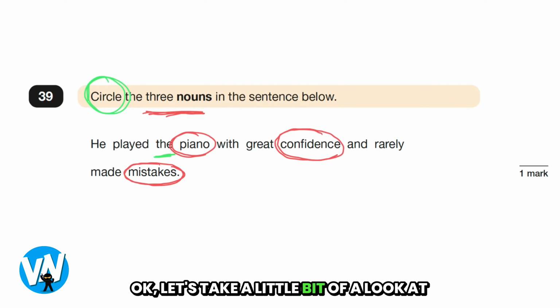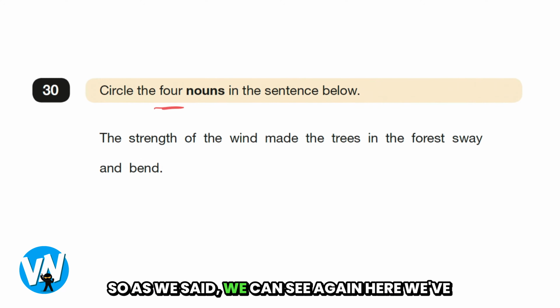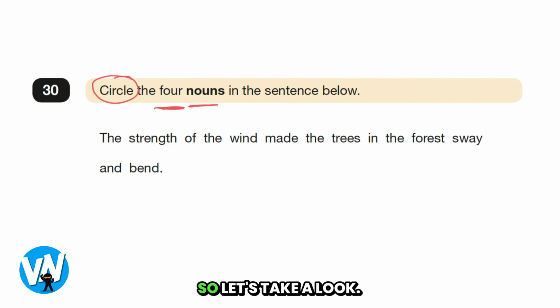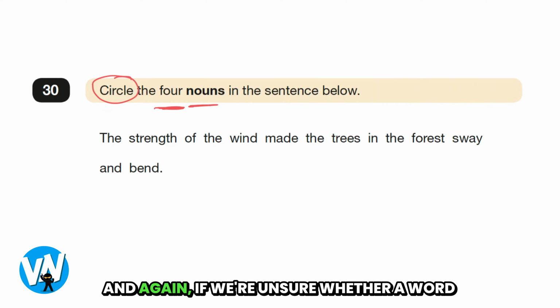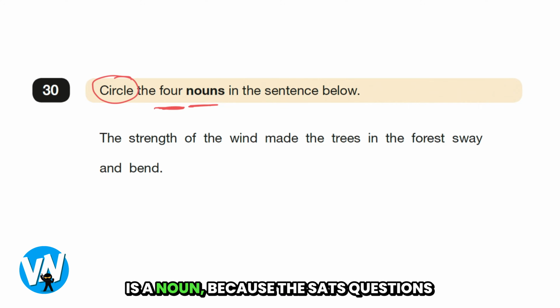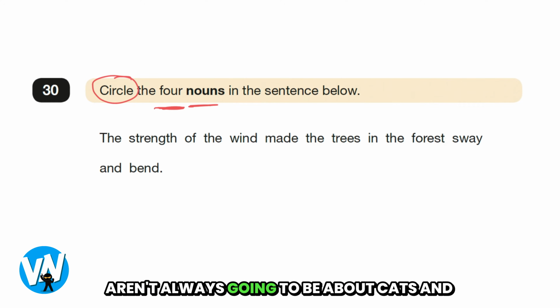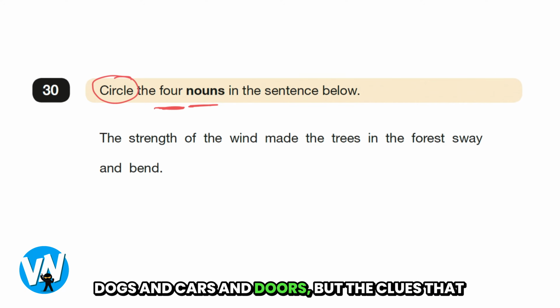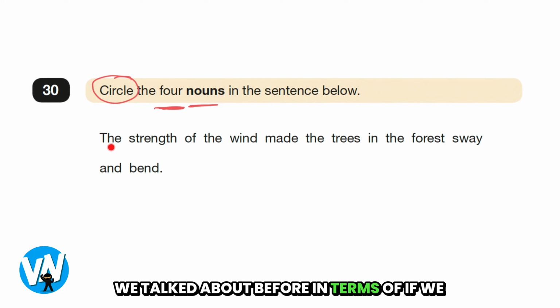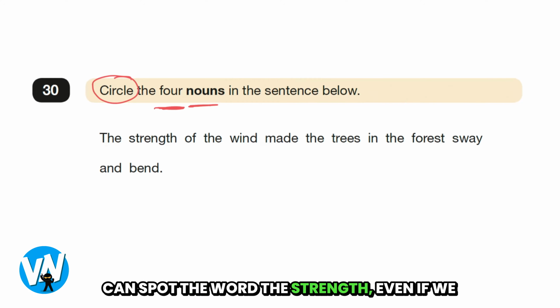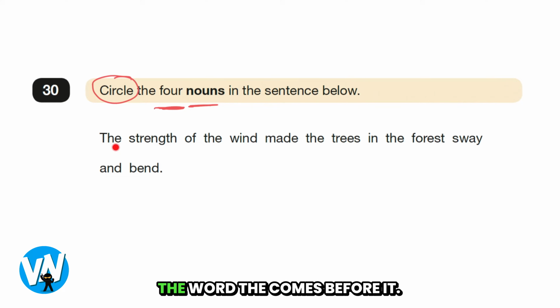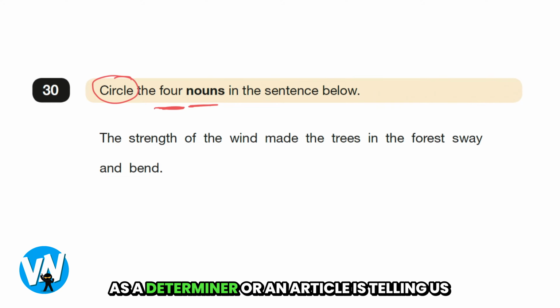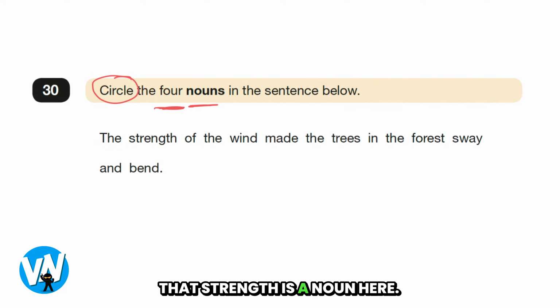Okay, let's take a little bit of a look at the next example. So as we said, we can see again here, we've got 4 nouns that need to be circled. So let's take a look. The strength of the wind, and again, if we're unsure whether a word is a noun, because the SATs questions aren't always going to be about cats and dogs and cars and doors, but the clues that we talked about before, in terms of if we can spot the word the strength, even if we were thinking, I'm not sure if strength is being used here as a noun, the fact that the word the comes before it as a determiner or an article is telling us that strength is a noun here.